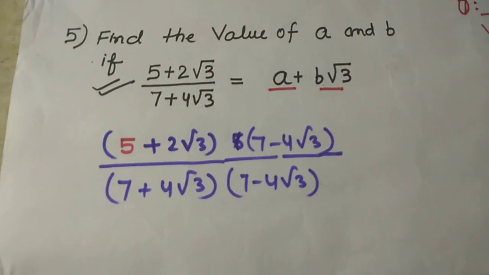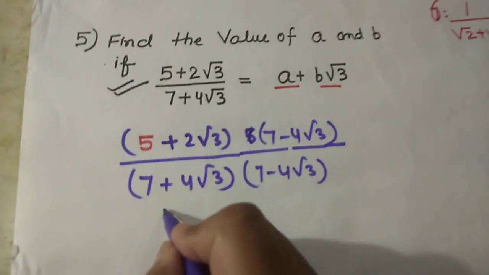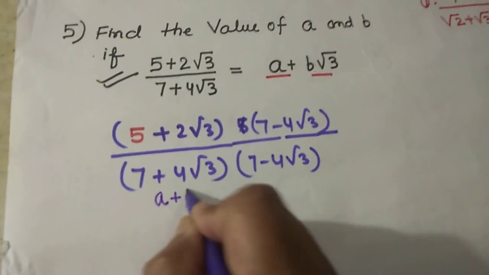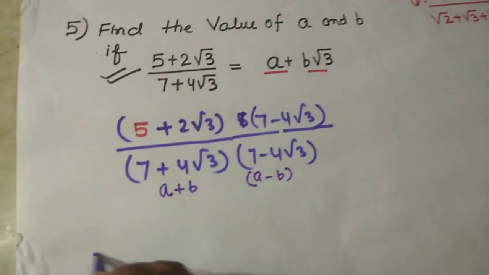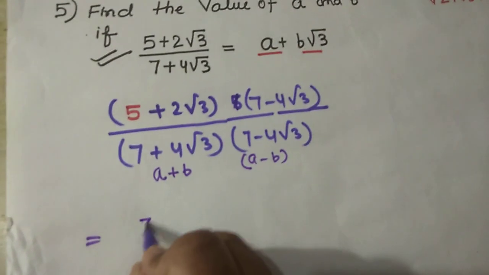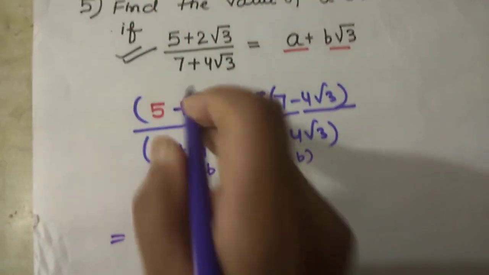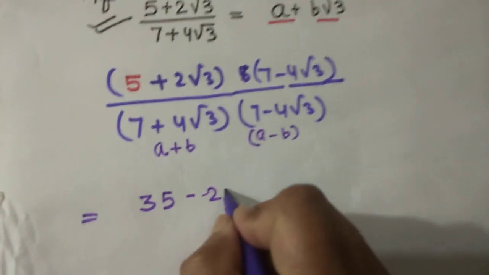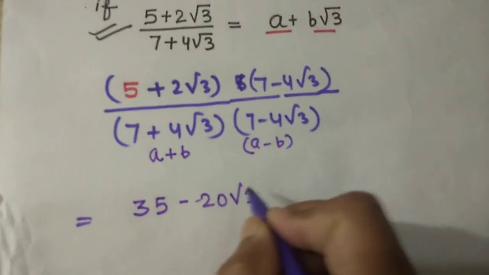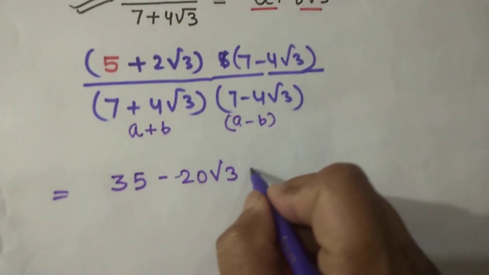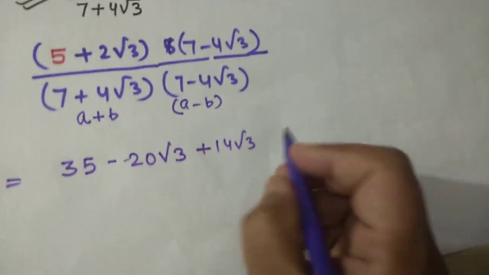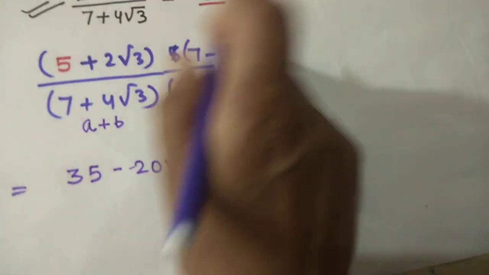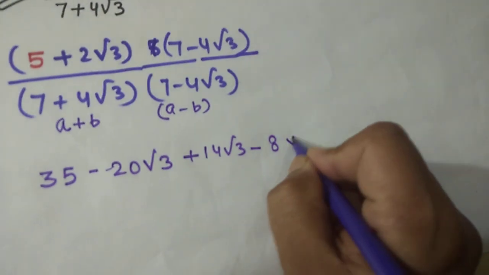So a plus b needs a minus b. This is a plus b. We required a minus b. Now 5 7s are 35. 5 times 4 is 20 root 3. Then 7 times 2 is 14 root 3. Then 2 times 4 is minus 8 into root 3 into root 3, 3.